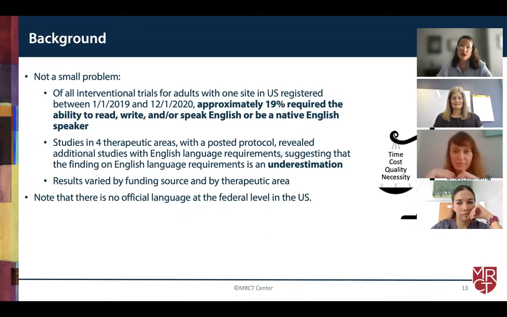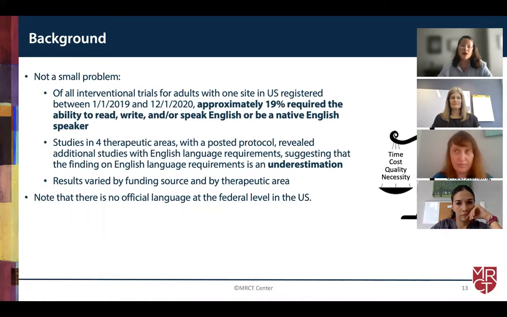That was disproportionate by therapeutic area, equally true in both federally funded and industry-sponsored trials, much more common in federally sponsored trials.